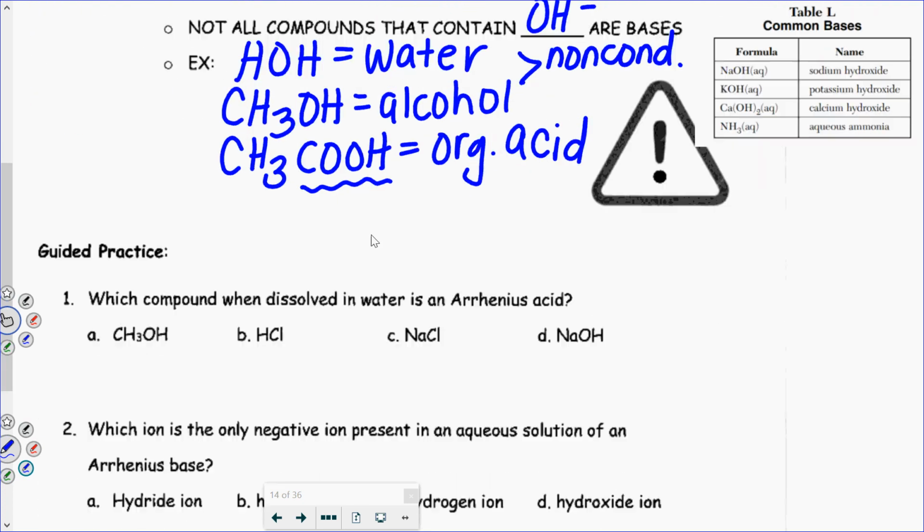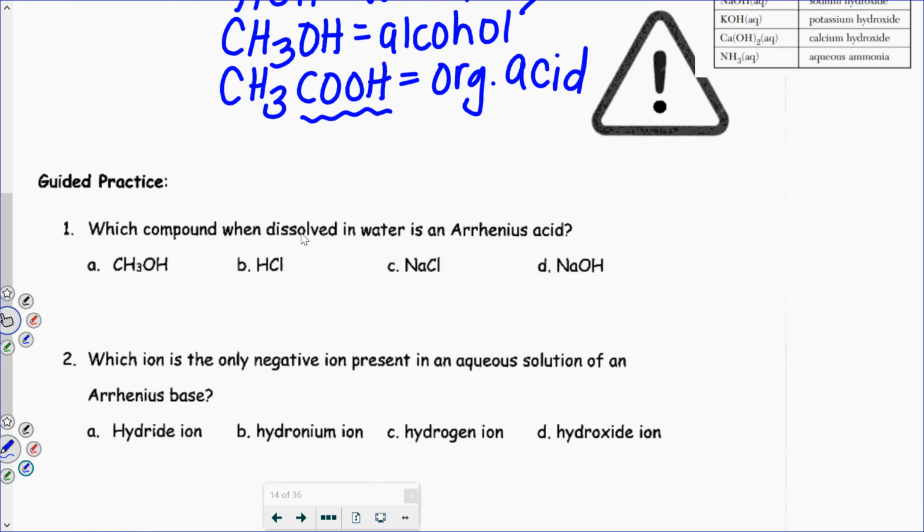Okay, so what I'd like you to do at the bottom of page 9 is do these two practice problems. You can pause the video, make sure you have Tables L and K out in front of you, as well as Table E if you need to reference what a hydroxide or a hydronium ion is. Okay, so question 1, which compound when dissolved in water is an Arrhenius acid?